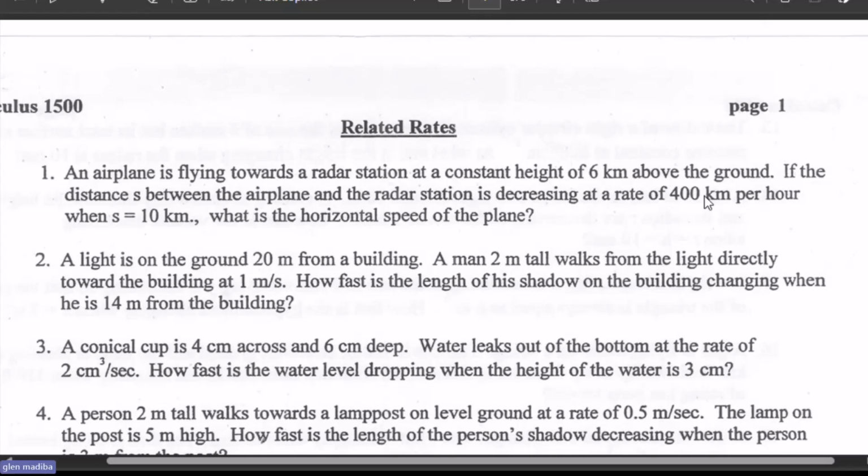Plus, we know that y is 6, but then we know what dy over dt is? Oh, it's 0. So then we'll have plus 6 times 0. Yes, sir, 6 times 0 is 0. Do we agree?